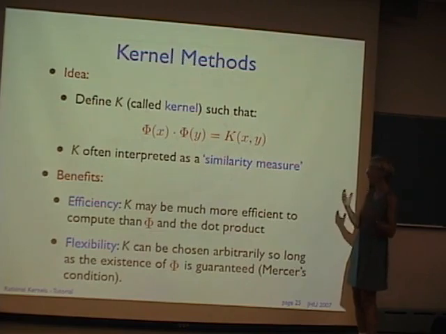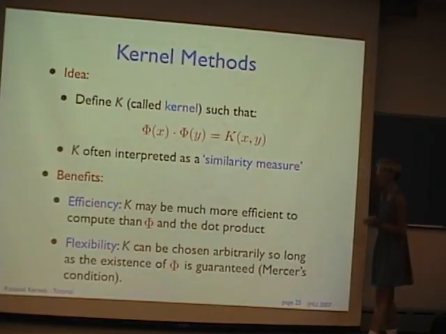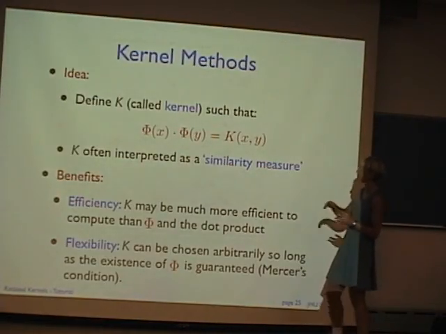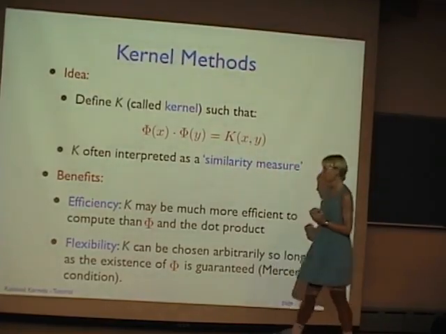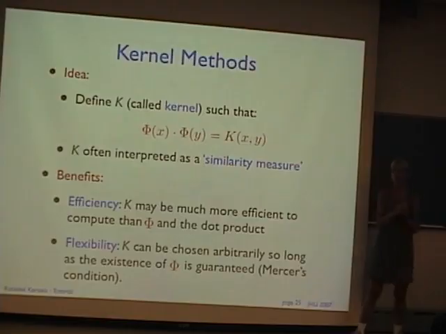You can think of it as a similarity measure, because that's actually what an inner product is. It's a projection of 2 points onto each other. And it will be much more, in general, efficient to compute an inner product this way than that way. And it gives us a lot of flexibility for how to construct our nonlinear mapping.